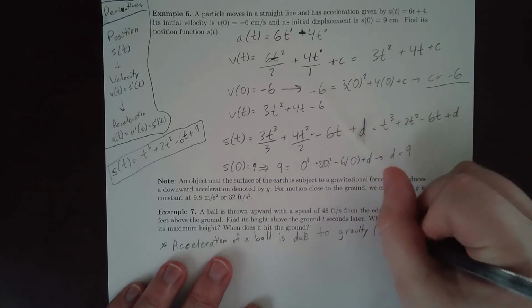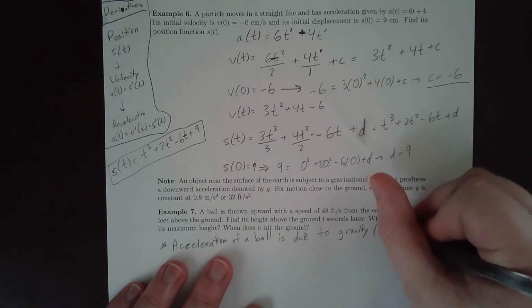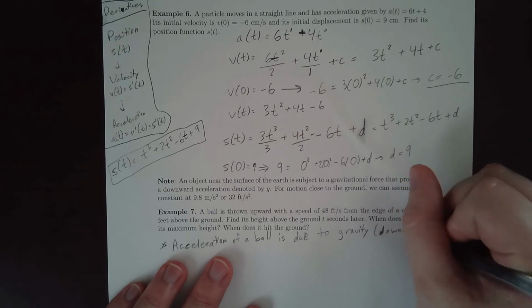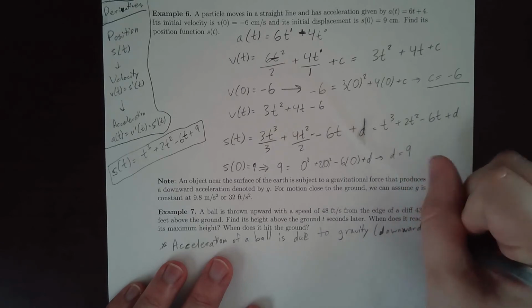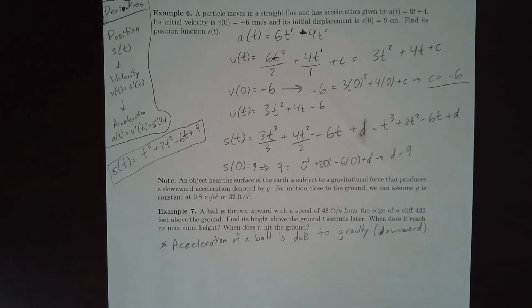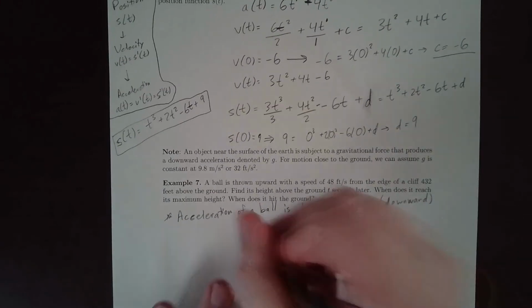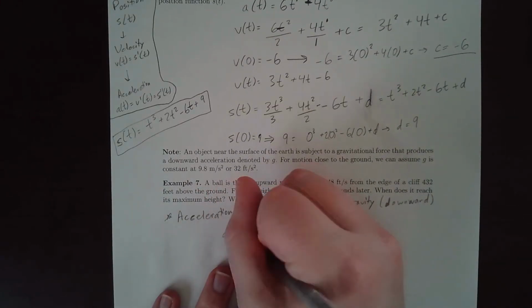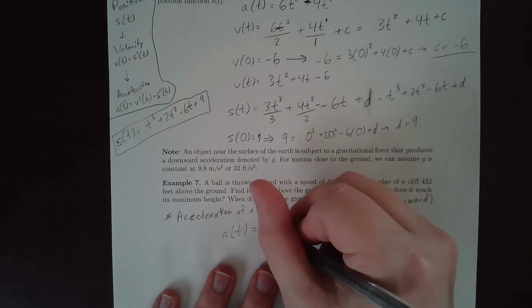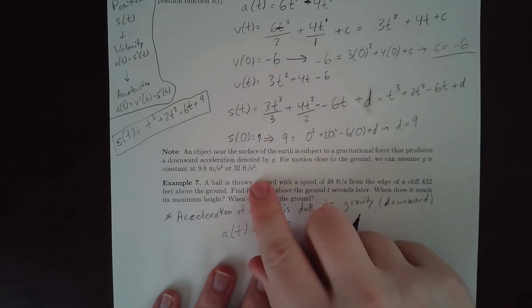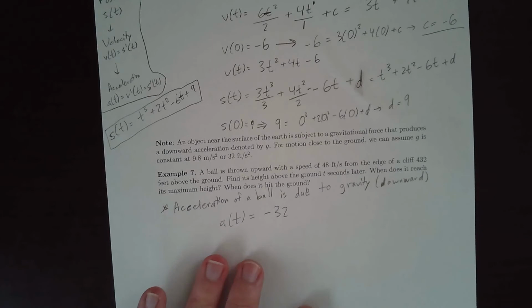And note that this is going to be a downward motion, so we should have some sort of negative acceleration. So all we know is that the acceleration of this ball we're saying is constant at negative 32 feet per second squared.